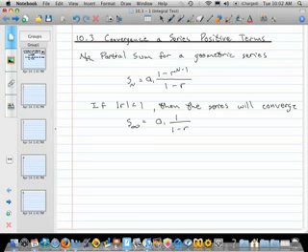So now we're going to look at other series. We're going to restrict our study right now to series with positive terms, but later on we'll move to series with positive and negative terms.